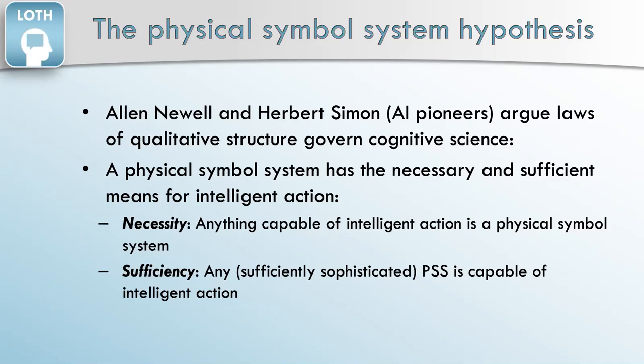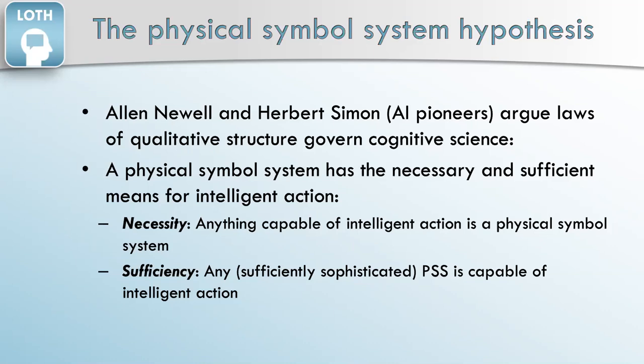So the physical symbol systems hypothesis was proposed by Alan Newell and Herbert Simon, who argued that there were going to be some laws of qualitative structure governing cognitive science. And they made this claim that physical symbol systems were all that intelligence was.